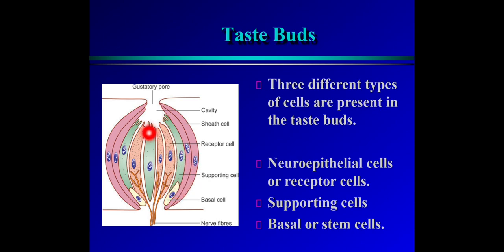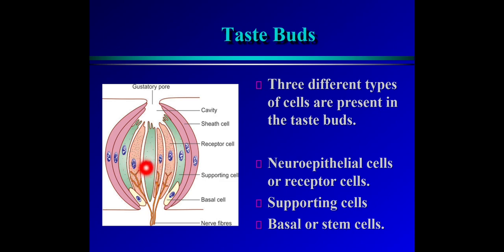And after that, there are the three different types of cells. Here these orange cells are supplied by nerve endings, so these are the neuroepithelial cells or receptor cells. Along with the receptor cells, these green cells are the supporting cells. They are merely supporting cells, present at the center, supporting the receptor cells.